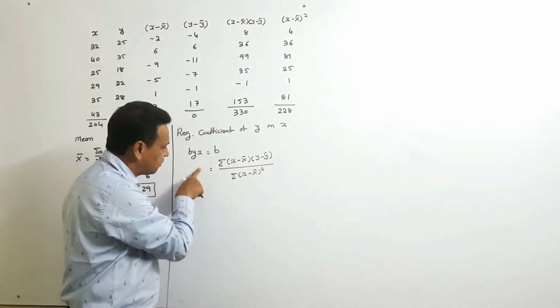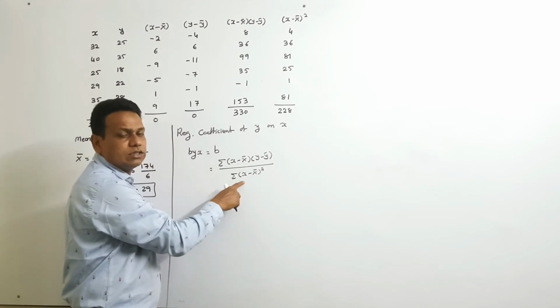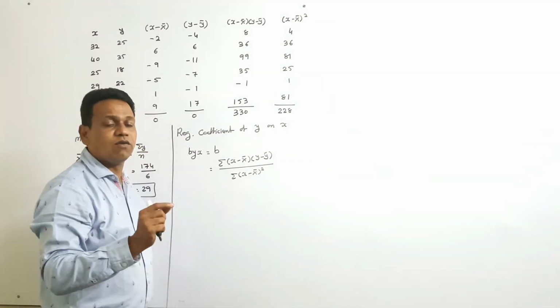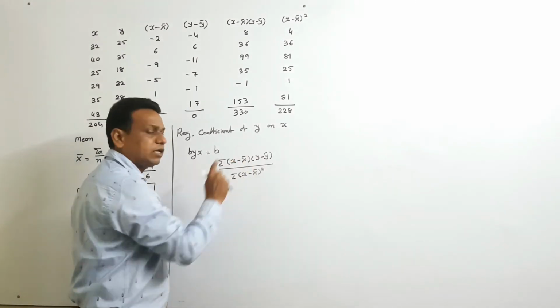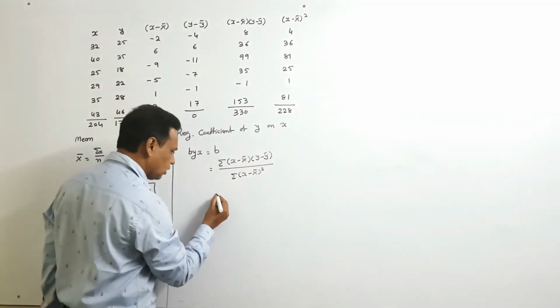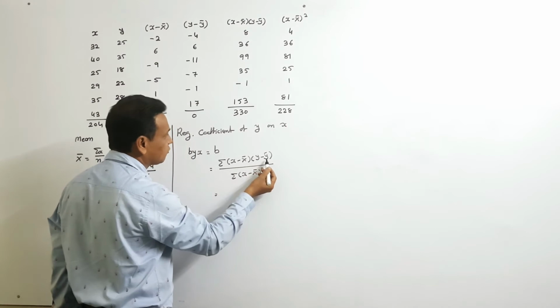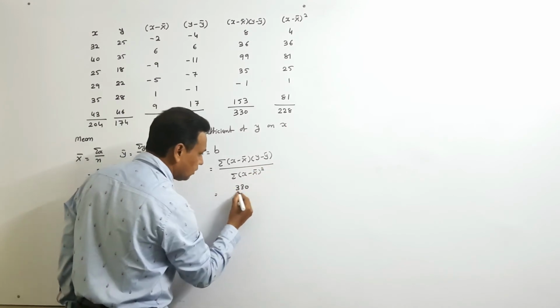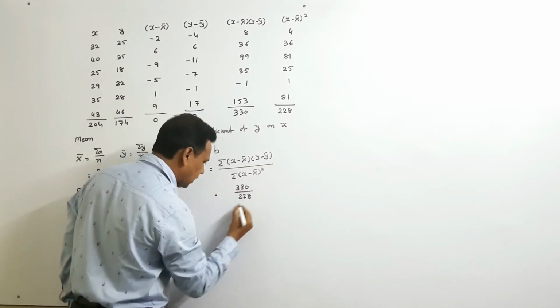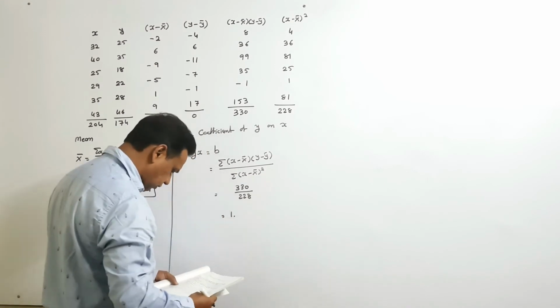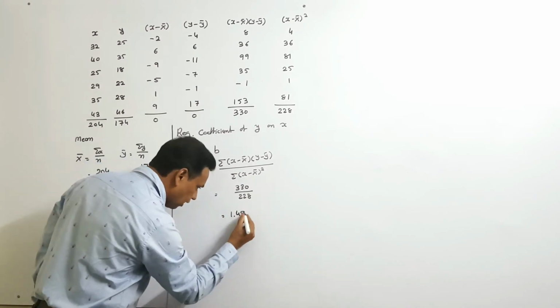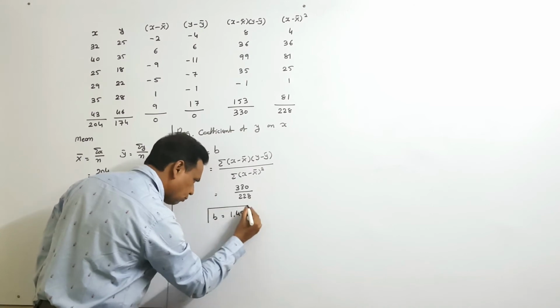So the information of x being in the denominator only, we are always taking the variance. That is the reason we cannot take the square root sign. So here sum of x minus x bar into y minus y bar is 330 divided by 228, and now the answer is 1.45. So b is equal to 1.45.